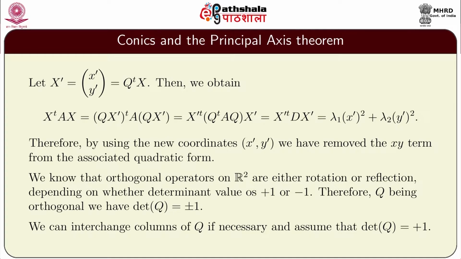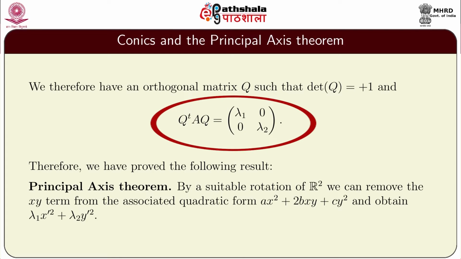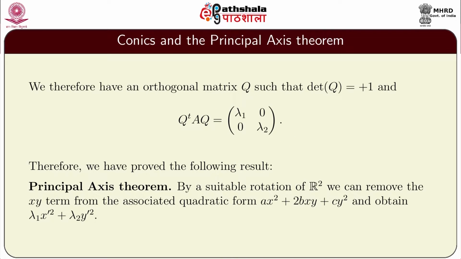That means, up to a permutation of the columns, we can assume that Q is a rotation matrix on the real plane. We therefore have an orthogonal matrix Q such that determinant of Q is plus 1, representing a rotation on the real plane, and Q transpose AQ is this 2 cross 2 diagonal matrix lambda 1 0 0 lambda 2. Lambda 1 lambda 2 are nothing but the real eigenvalues of the real symmetric matrix A.